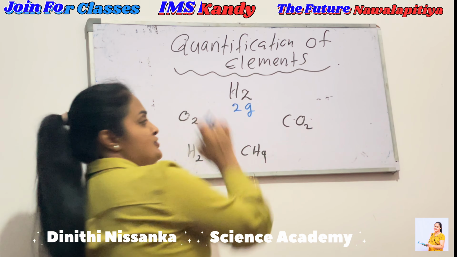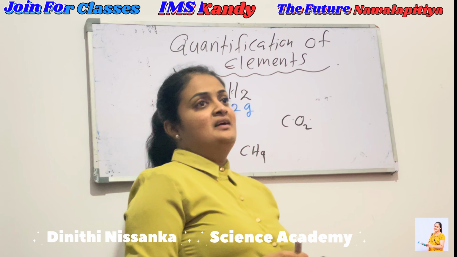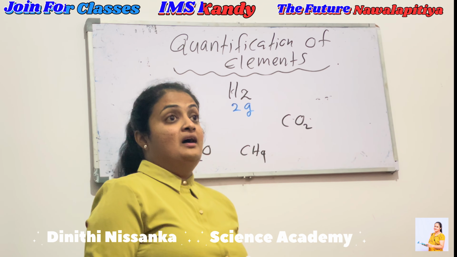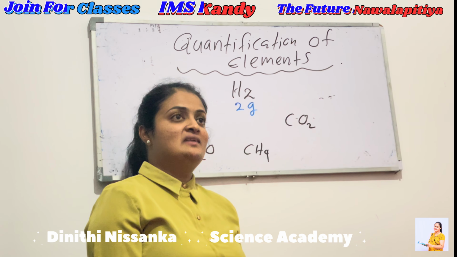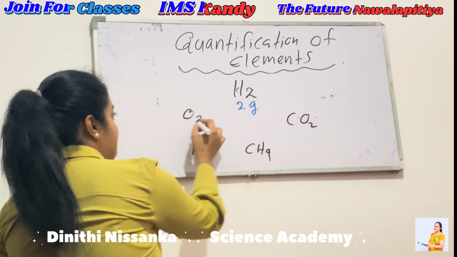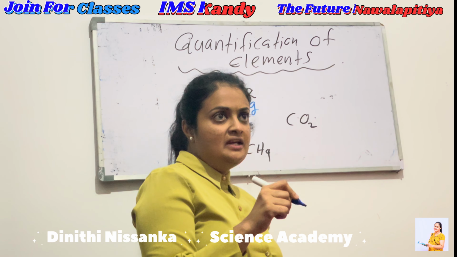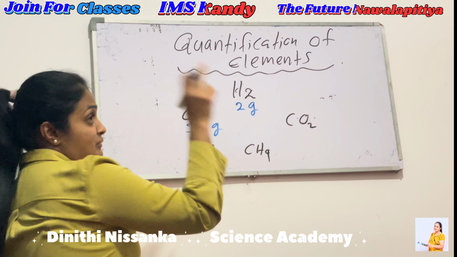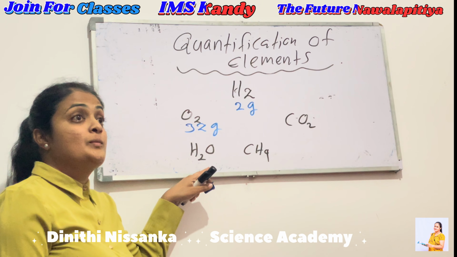How about the relative molecular mass of oxygen? 16 into 2. What's the value? 32. Right, then I take 32 grams of oxygen. Then how about what I previously discussed, H2O? 18.